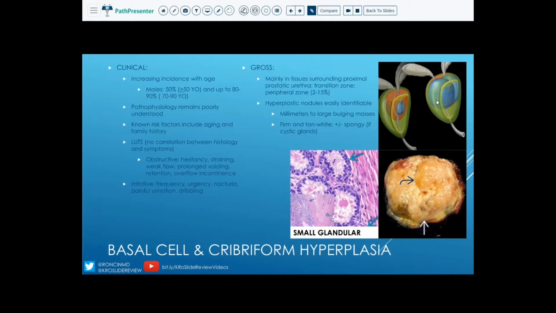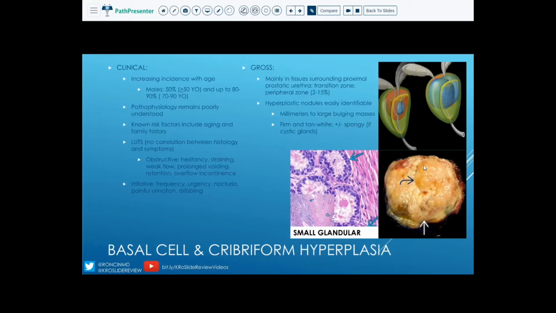And how this works is what we have is the transition zone, which surrounds your prostatic urethra. This is where your hyperplasia takes place. So in the normal prostate, this area is relatively small and urethra is happy, everything can flow through just fine. But as this gets enlarged, it actually will compress the urethra, and that's where you get a lot of those symptoms.